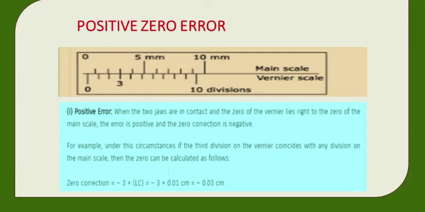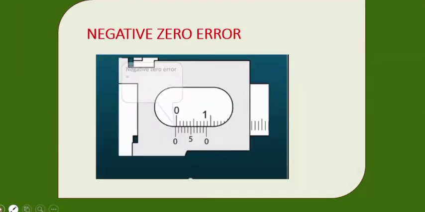But in case of negative zero error, the zero of the vernier caliper remains on the left side of the zero of the main scale. Here negative zero error occurs.